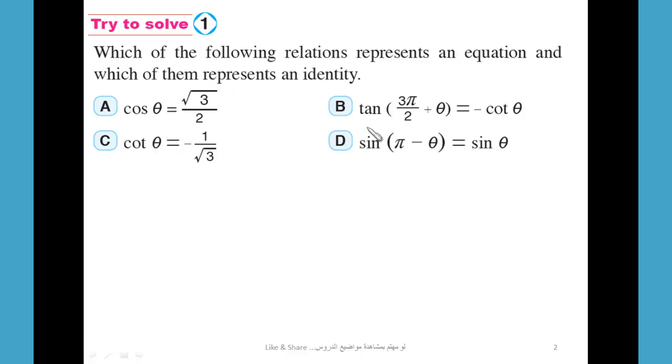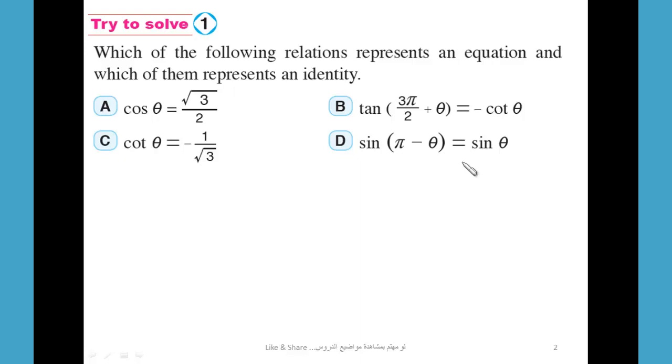But tan of 3 pi over 2 plus theta equals the negative cotan theta. It is an identity, and we can say it is true for all the values of theta. Cotan theta equals negative 1 over root 3. It is an equation. Sin of pi minus theta equals sin theta.